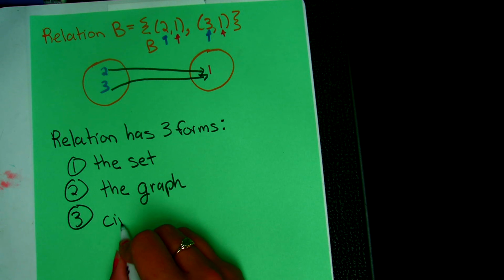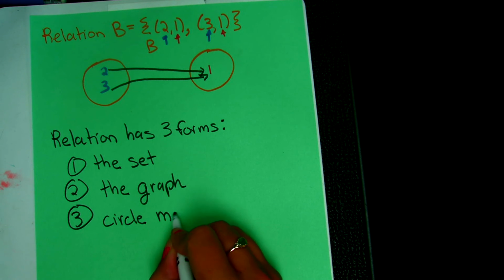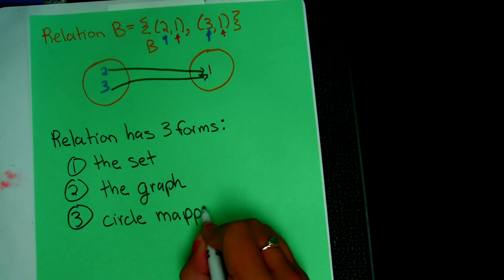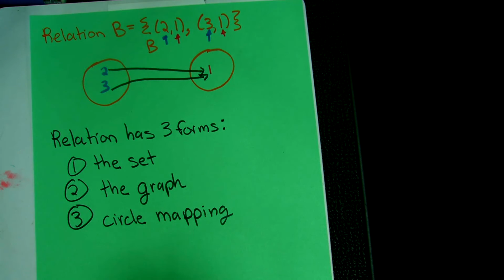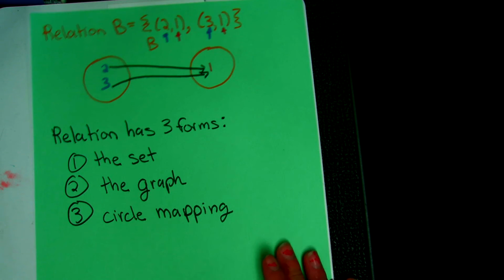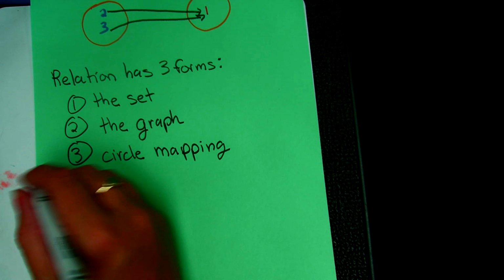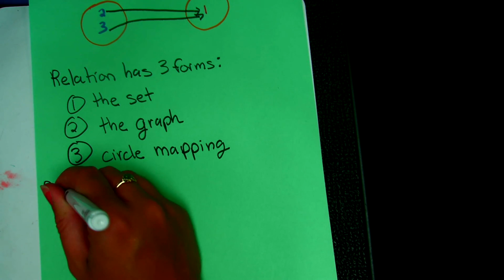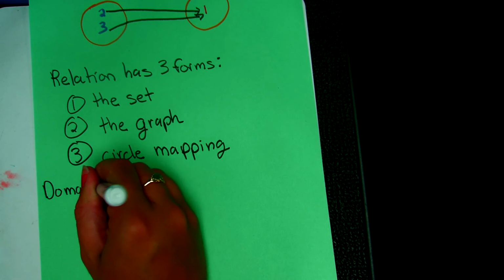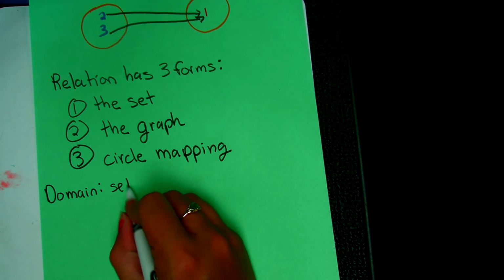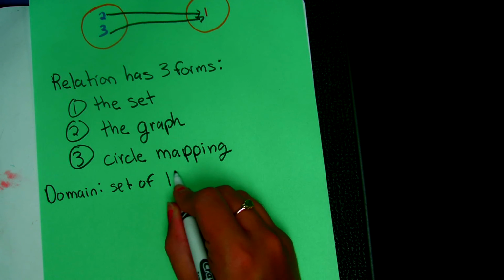You might think, well, why is the circle mapping important? It's a way to look at the form of a relation. The circle mapping is going to help us look at domain and range. So let's first define what domain and range are. Domain is the set of first coordinates of a relation, which happen to go into the first circle.